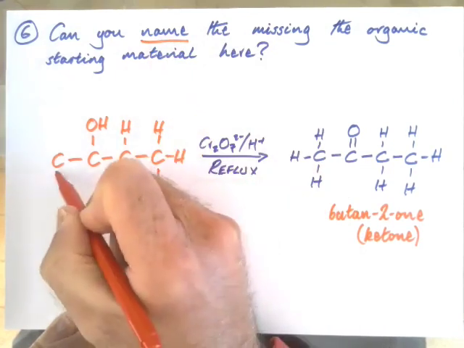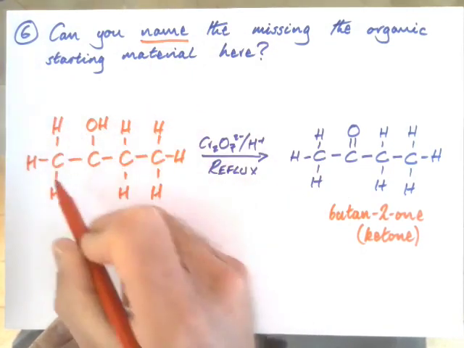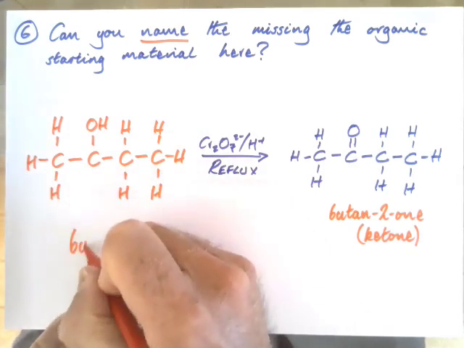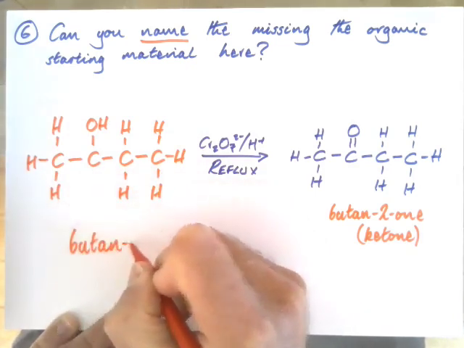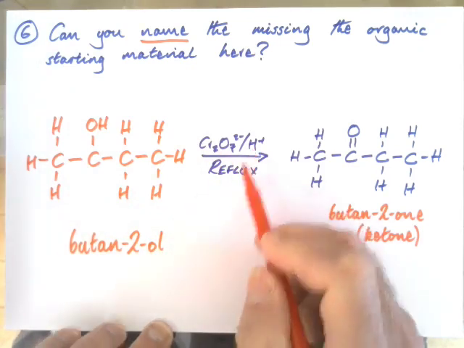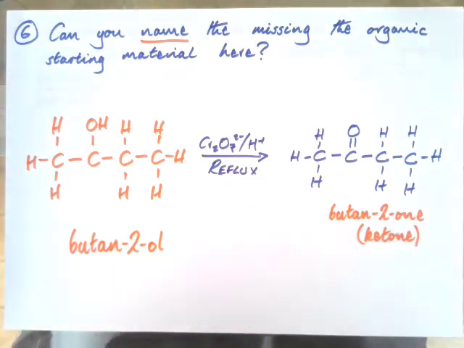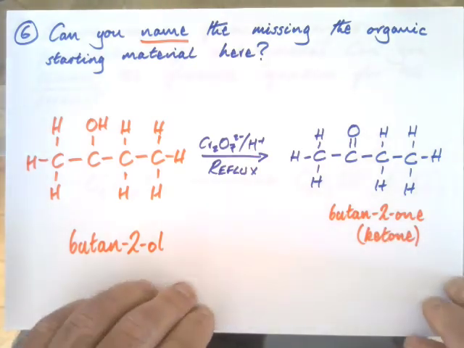We're asking for it to name it, not just to draw it. So what we've got here then is butan-2-ol. So oxidizing butan-2-ol, potassium dichromate in acid, under reflux conditions, will oxidize it to butan-2-one, the ketone.